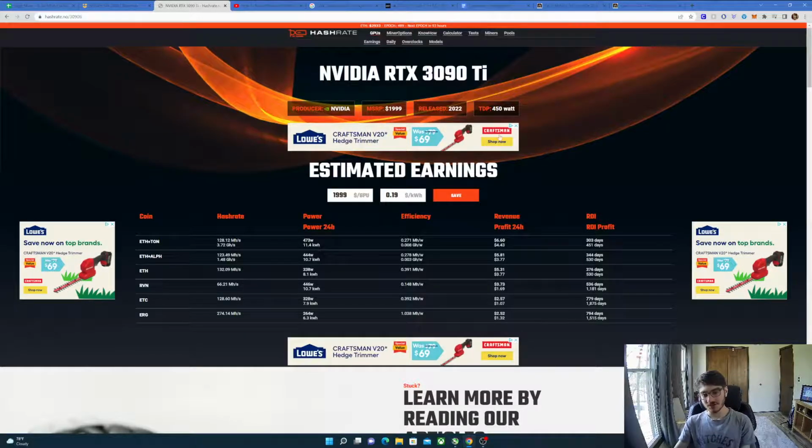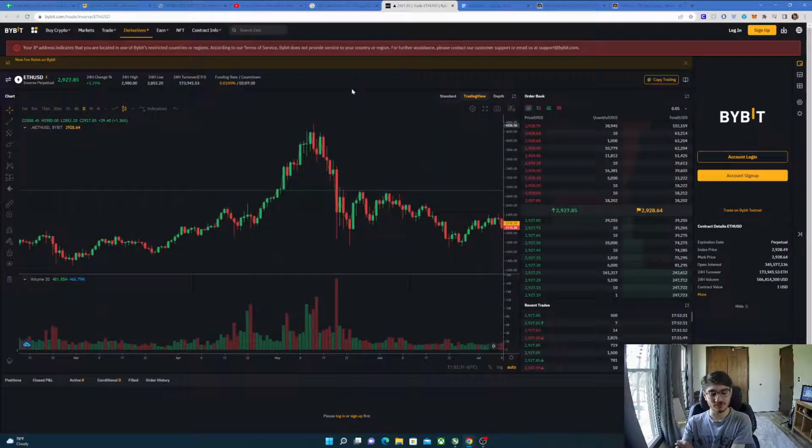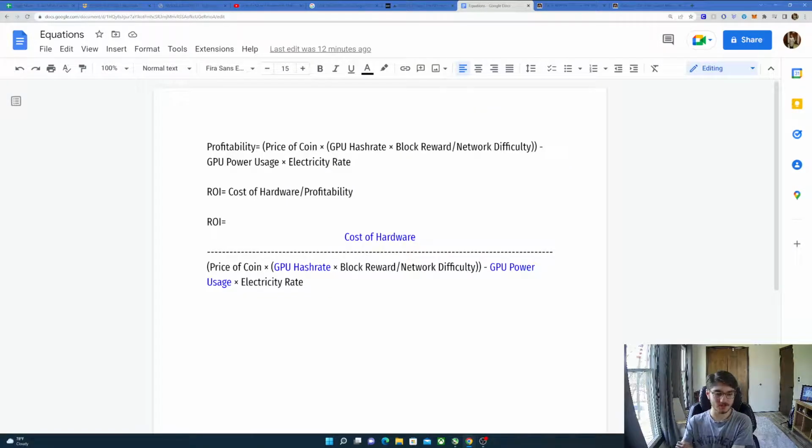The issue with going by this number alone to decide which GPU to buy is that these things, like the price of the coin, the block reward, the network difficulty, can change. They can change really quickly, as we saw in about spring of last year. So you should always try your best to control the variables that you can control.